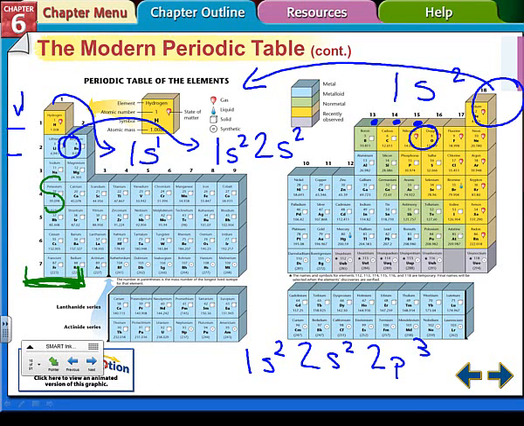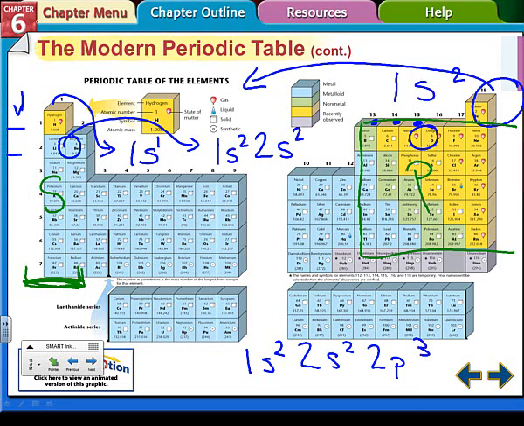Now, these last 6 over here, excluding the helium, is your p block. Now, the p orbital has 3 p orbitals attached to it. Each one of those roads allows 2 electrons to travel around it. So you have 6 electrons total that can possibly live in the p orbital.